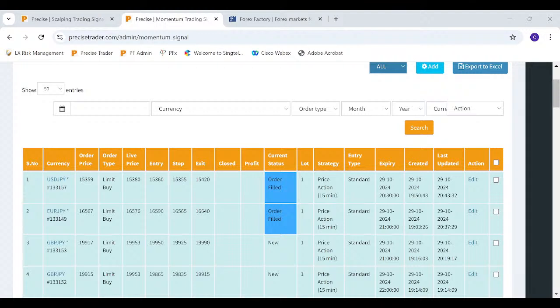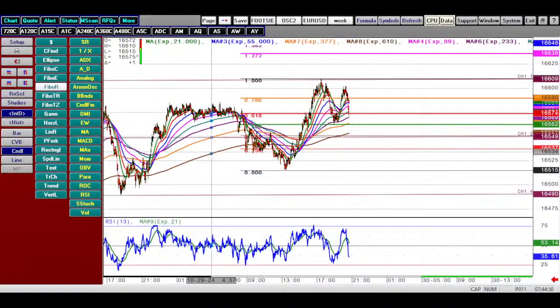Okay, euro yen, I think we were long somewhere here. I think we entered a bit earlier. So now I think our stop we put at 65. Let me share the screen. Let me share with you the same thing.